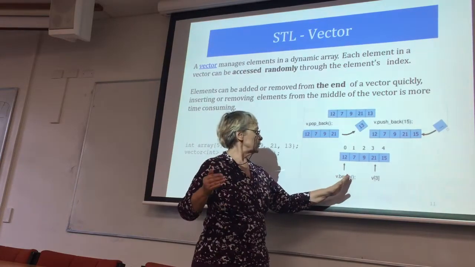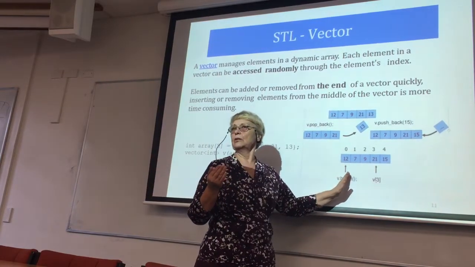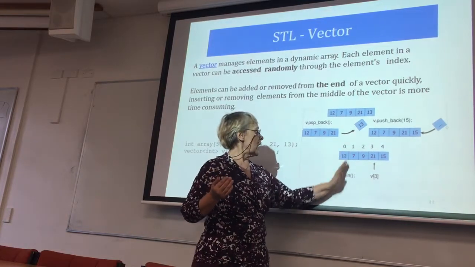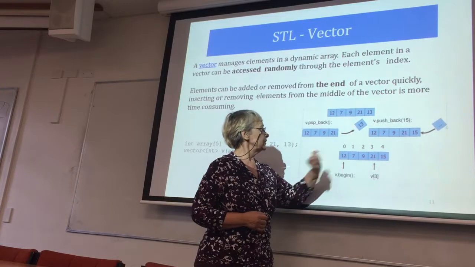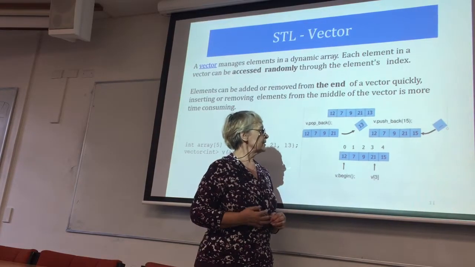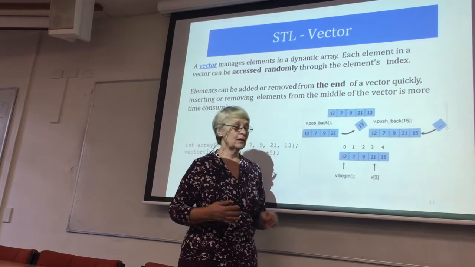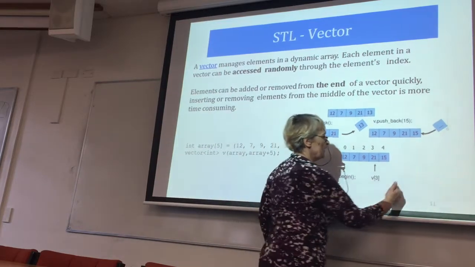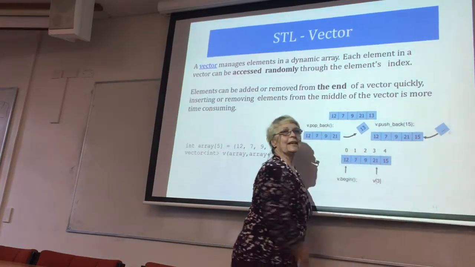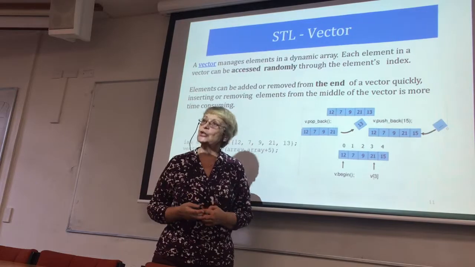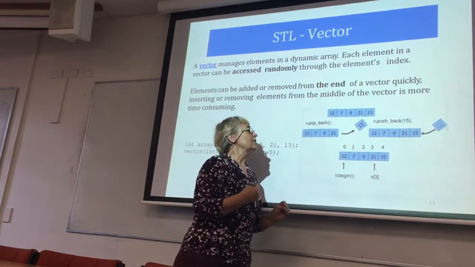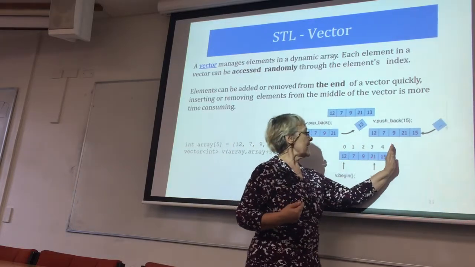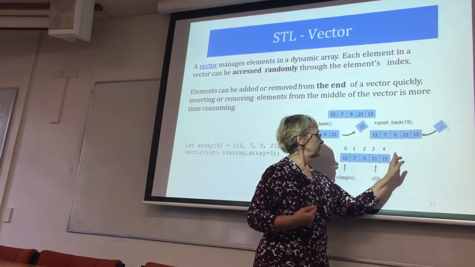Vector comes with the begin method, which gives you access to this element, and end. The end points to the location after the last meaningful element. So be aware, the end points here.